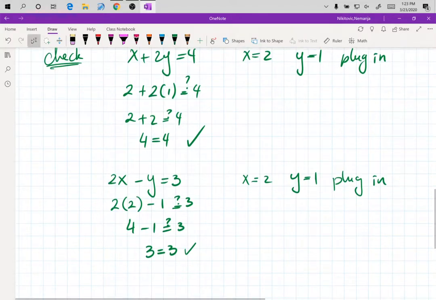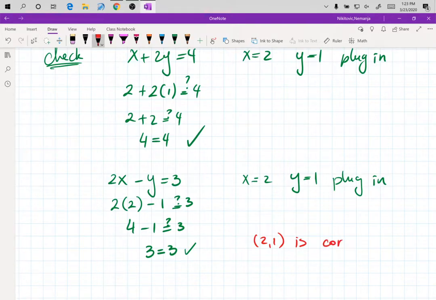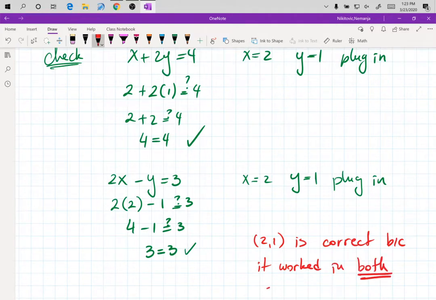So because both equations checked out, we know that 2, 1 is a solution. So 2, 1 is correct because it worked in both equations.